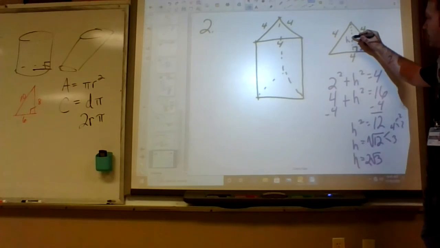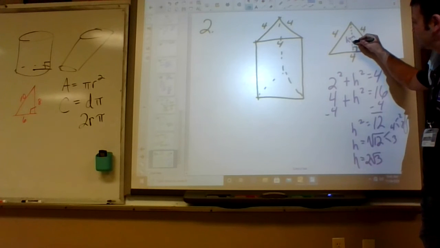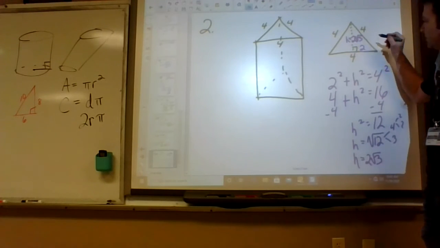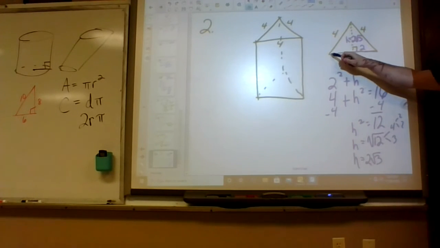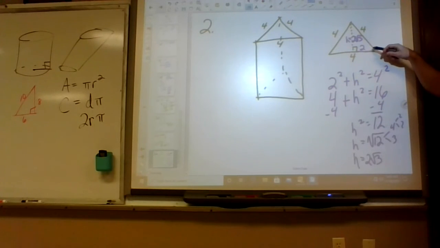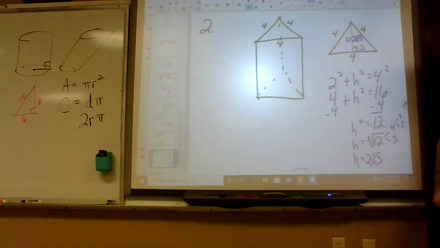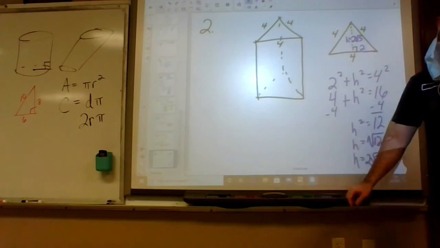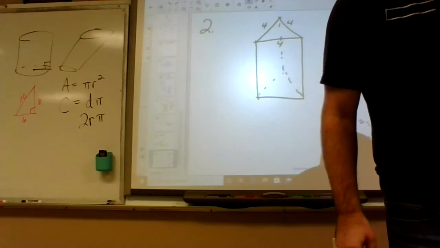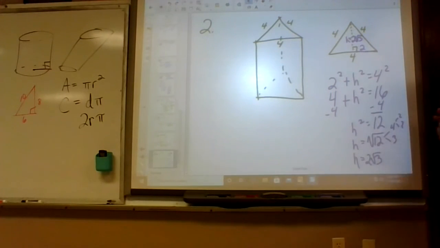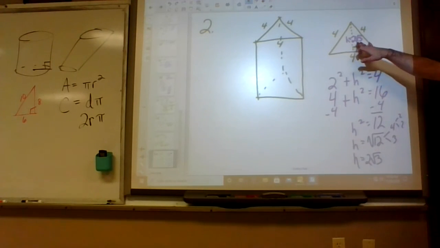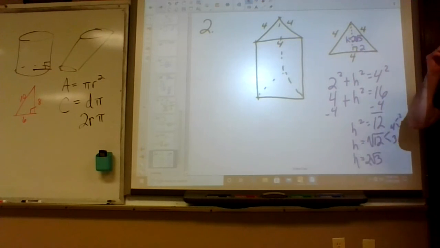Okay, so you're going to need that for the area. So remember, areas of triangles, you do the base times the height divided by 2. So try number 2. You need the lateral surface area, perimeter times height, plus the area of the 2 bases, which are the 2 triangles.